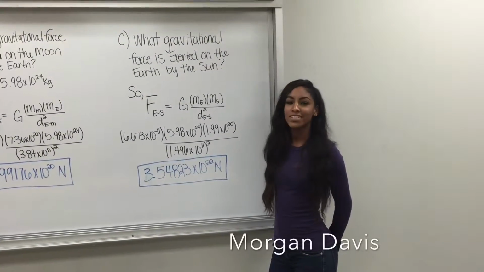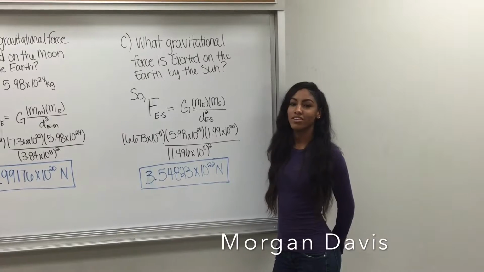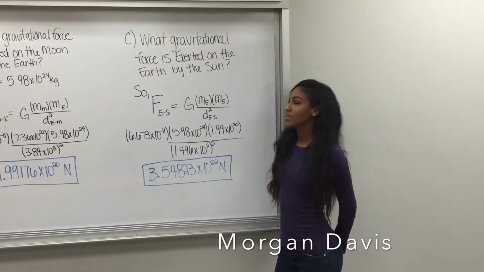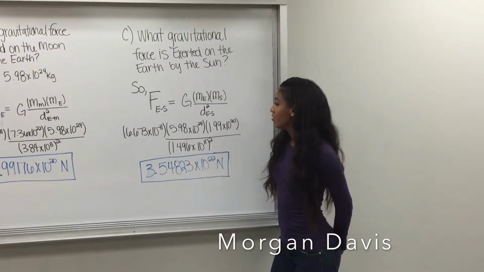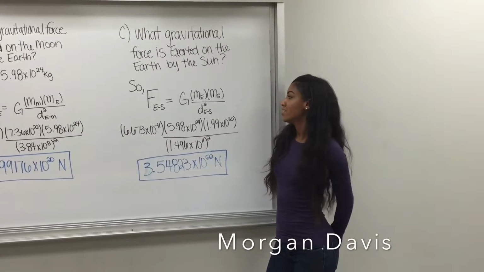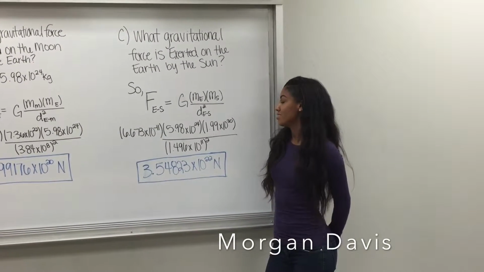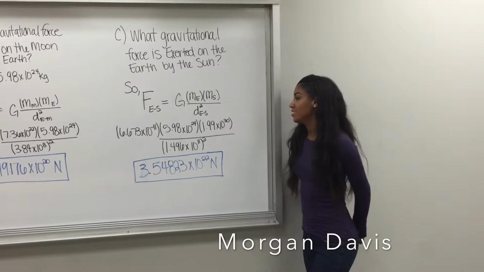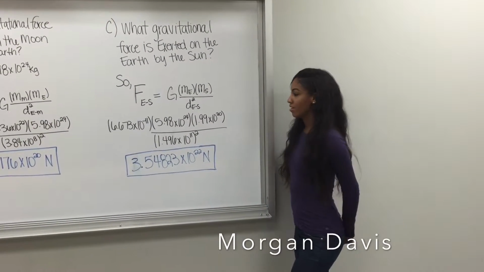Our third part is what gravitational force is exerted on the earth by the sun. So our equation is force equals the gravitational constant times the mass of the earth and the mass of the sun, divided by the distance between the earth and the sun squared.